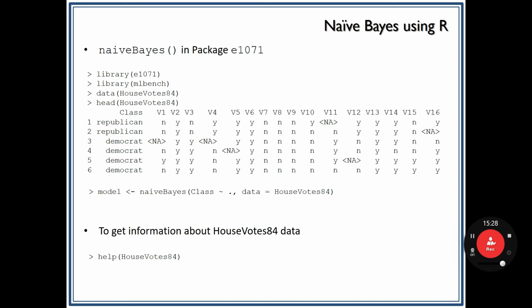There's a code, so you can just copy and paste it into your R session, then you can see the result. In fact, naive-Bayes classification can be done using the naiveBayes function, as you can see here. To use this function, you have to install the e1071 package first.